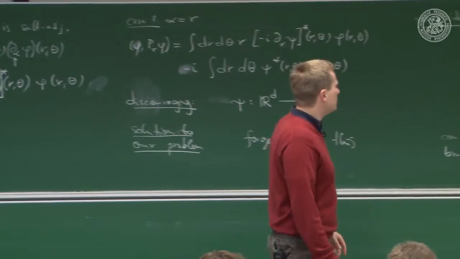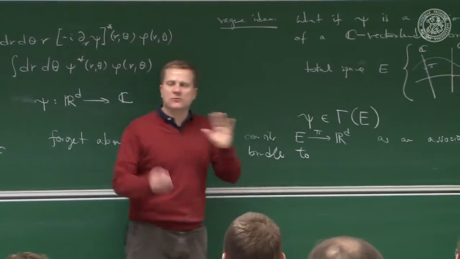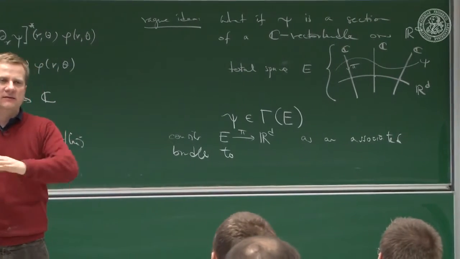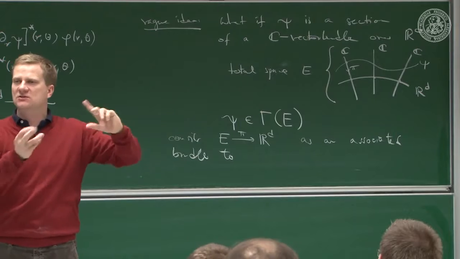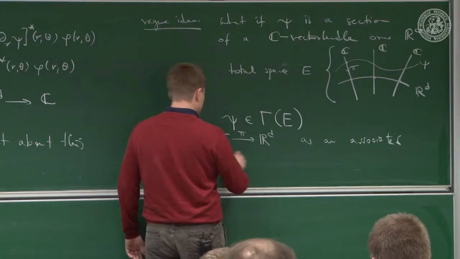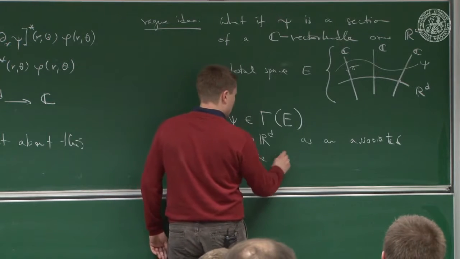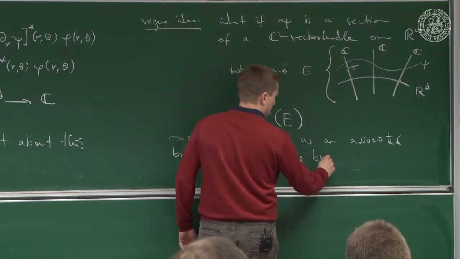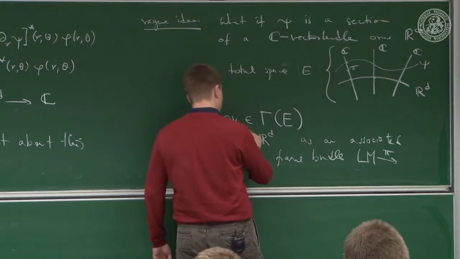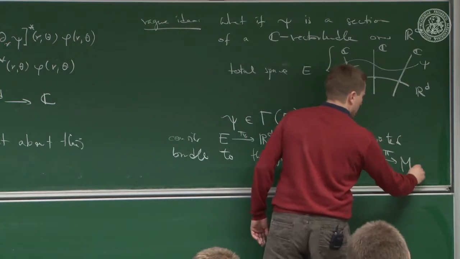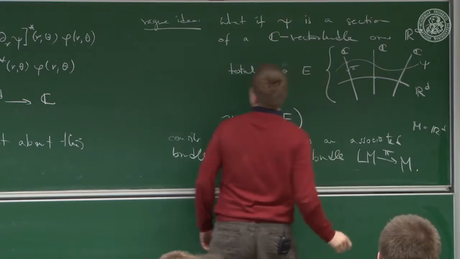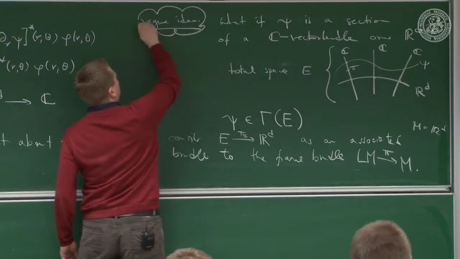And I want to study how this guy behaves and what happens if I change coordinates from one system to another system, which also means I change frames. Okay? So consider this as an associated bundle to the frame bundle LM, with projection pi, E, pi down to M, and M is R^d. So this is the vague idea, right?